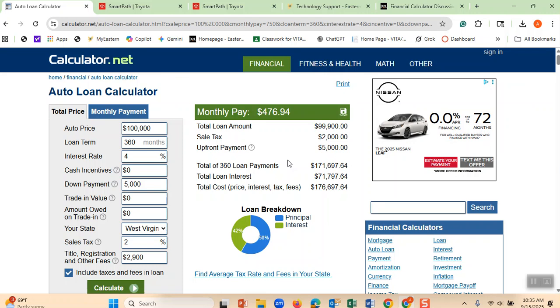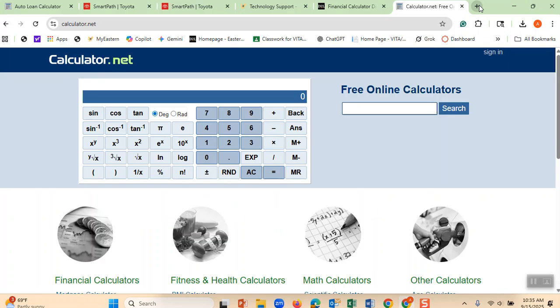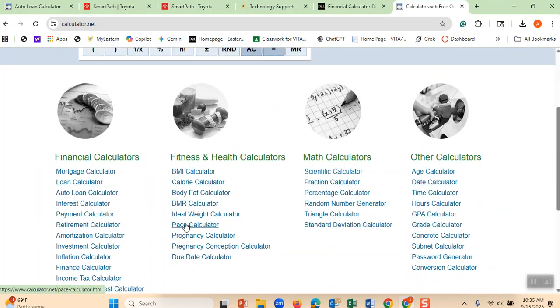You do not necessarily need it, because we have its own calculator for the house. Here you go, calculator.net. And then when I come here and go to more, amortization calculator, these are different loan calculators, mortgage, maybe you need a mortgage calculator. We will talk about the mortgage calculator.